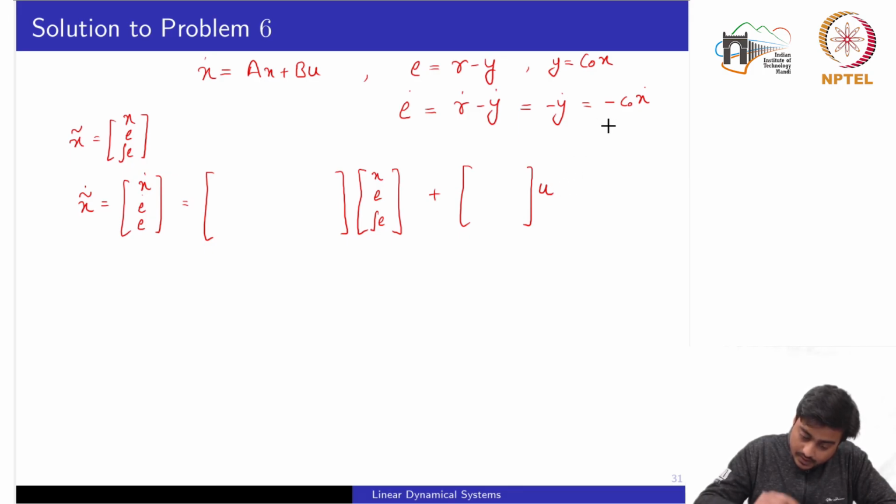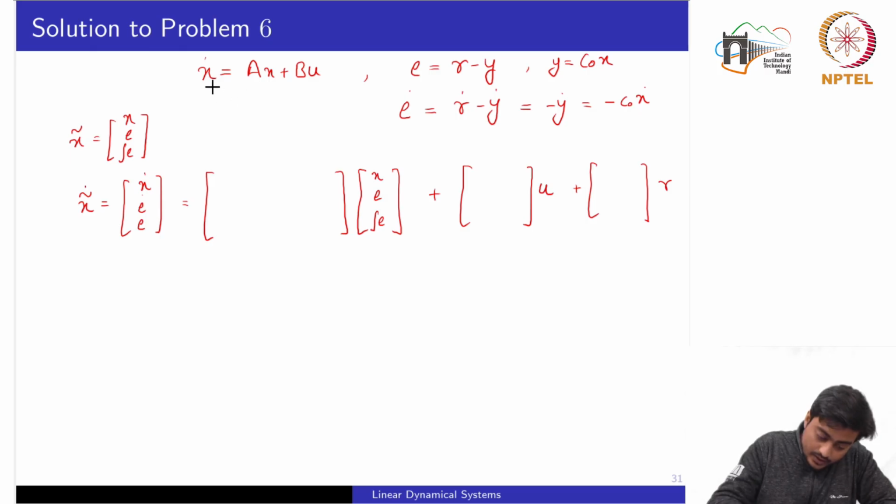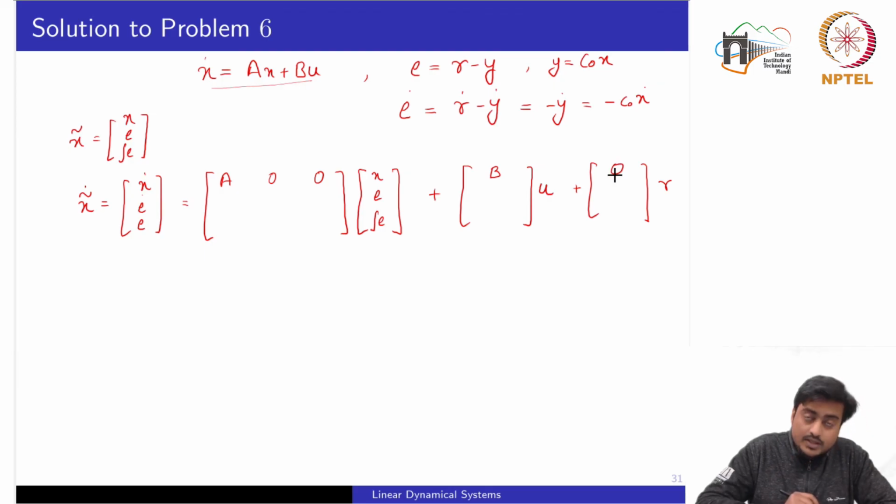We don't have the reference signal r, or possibly we could write it and see whether we get any distribution matrix for the reference signal. If I use the first equation to form this state matrix, I would get A. I don't have any relationship between e and the integral of e, so these components become 0. The B matrix would come, and we don't have any relationship with r in the first equation.